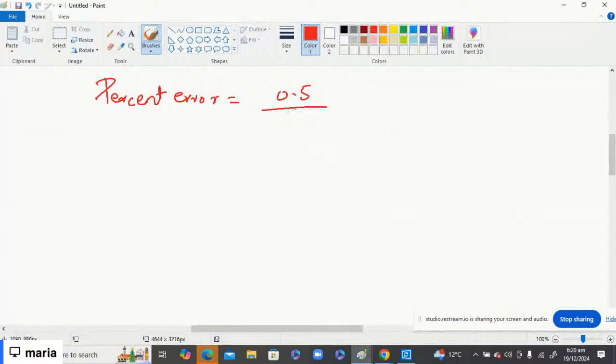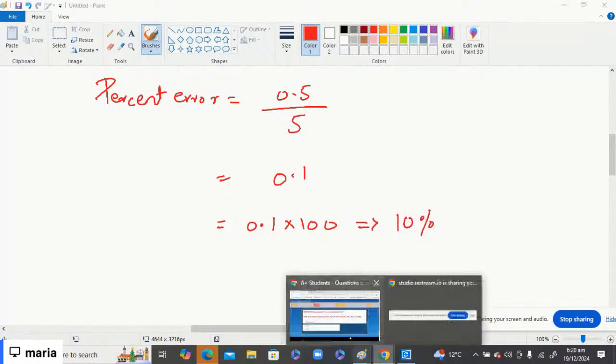The measurement given is 5. So it's 0.5 divided by 5. The answer is 0.1. Now we multiply 0.1 by 100 and you get 10. So this is 10%. So how much is the error? That is 10%.